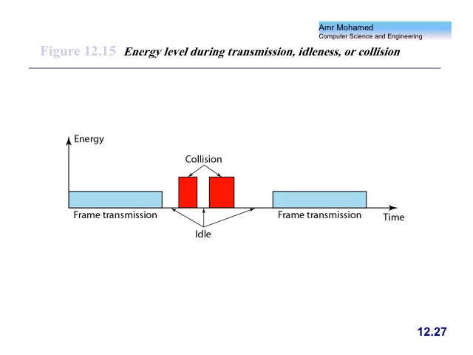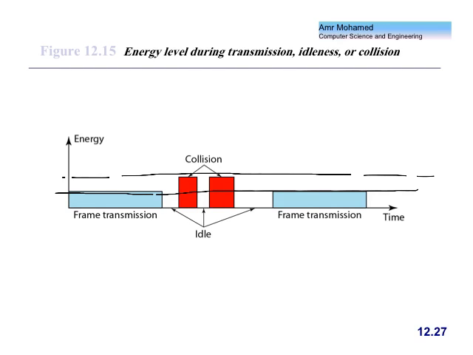Okay? So it's like I have one threshold here, and I have another threshold here. Or actually, it's slightly below that. So if it's above the first threshold, there is someone sending, and since this is below the second threshold, someone is sending and there is no collision.